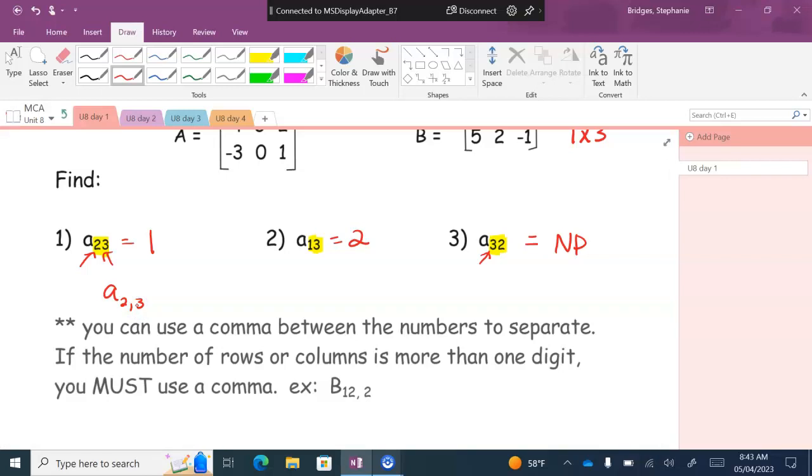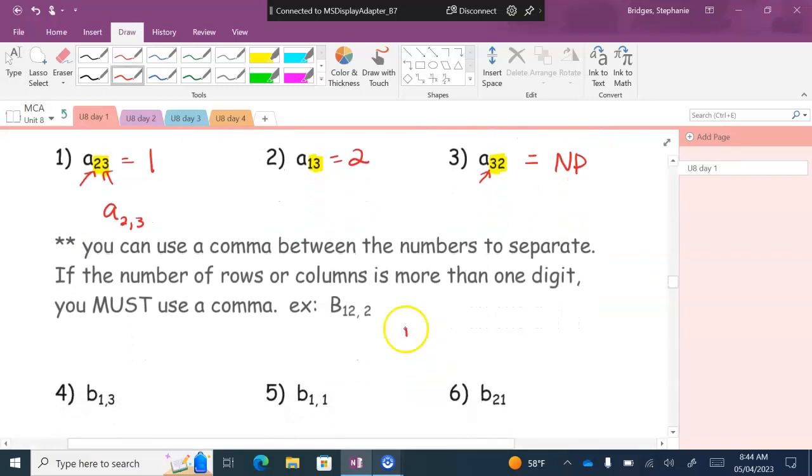It doesn't change. It's just some people put a comma in, some people don't. The only time you would have to have a comma is if your number of rows or number of columns is more than 1 digit. So if you had 10 rows, you would have to put 10 and then a comma and whatever your column is. But other than that, you don't have to put a comma, but you can.